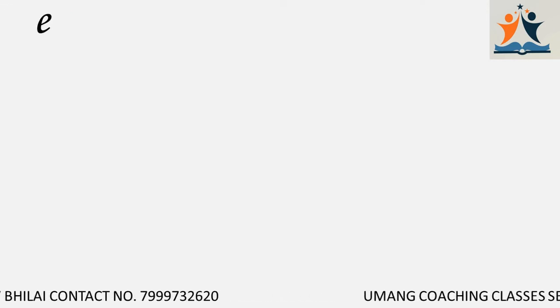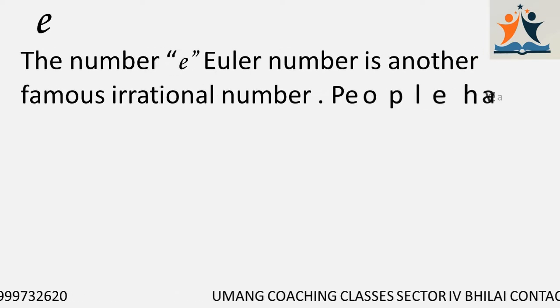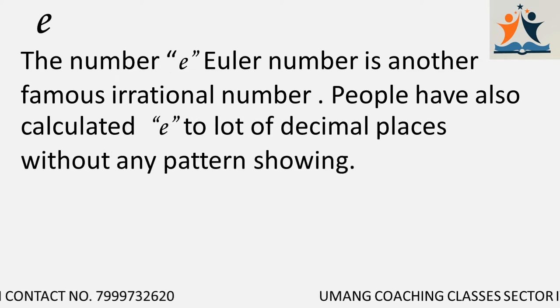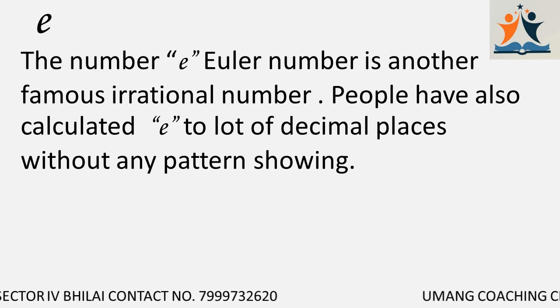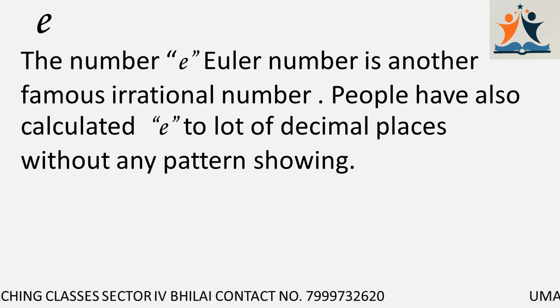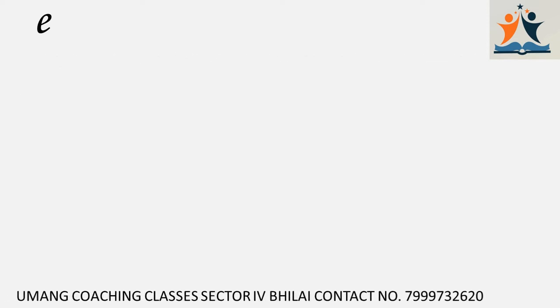Now the next famous irrational number is Euler's number. So the number e, that is Euler's number, is another famous irrational number. People have calculated the value to lots of decimal places. Now in Euler's number value, there is no pattern seen, as seen in pi. We do not find any pattern.